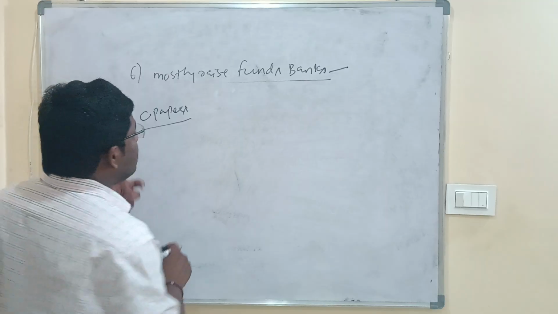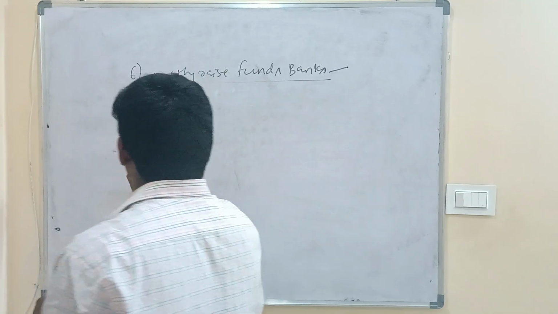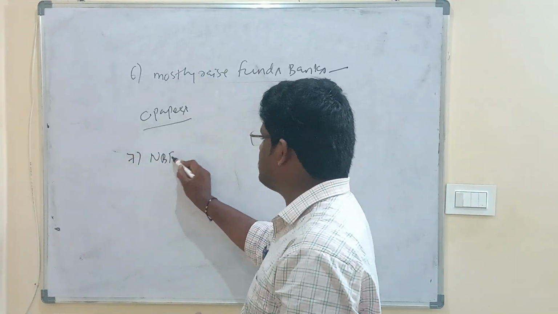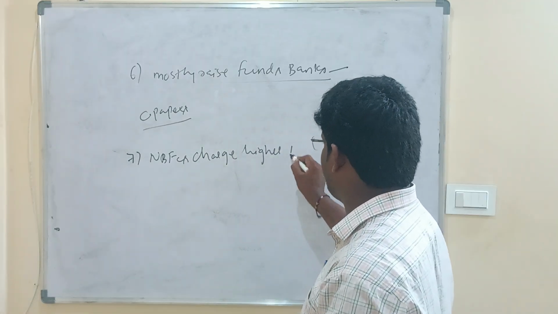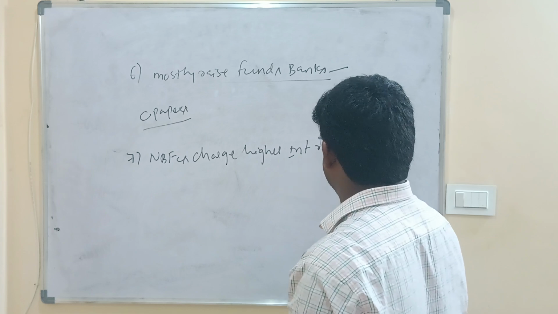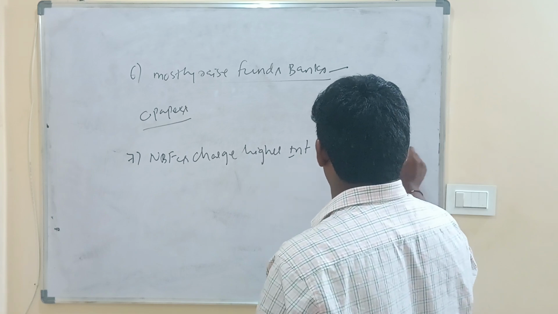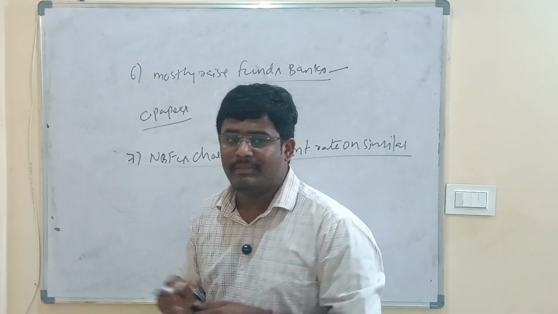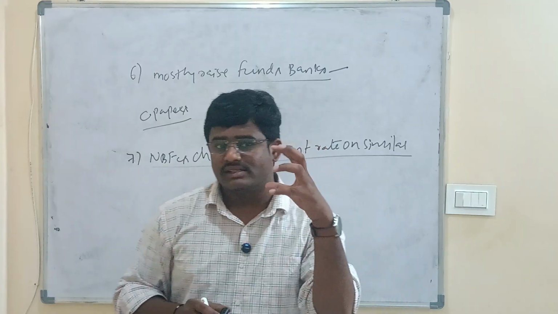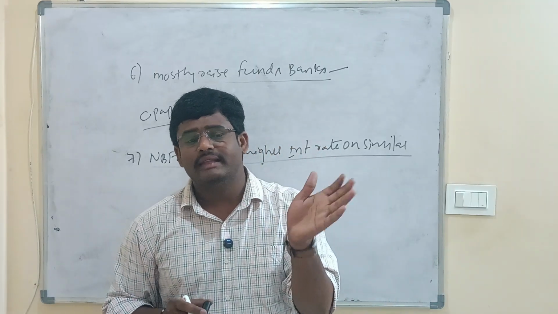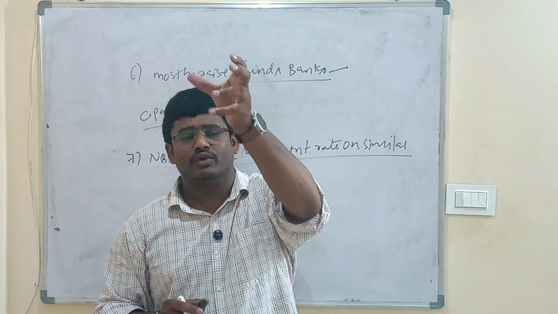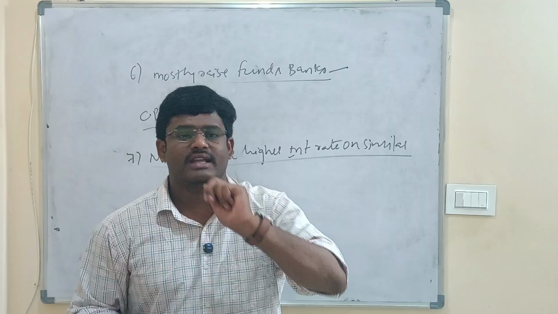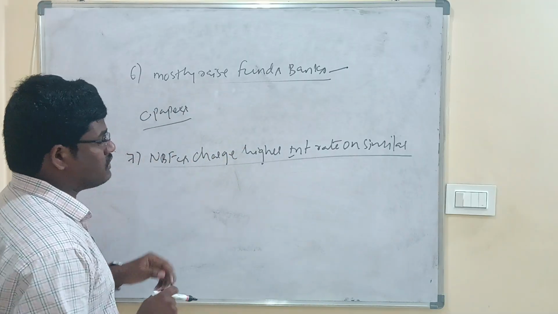Since they are raising funds from other entities, NBFCs charge a higher interest rate on similar loans given by banks. If a bank charges 7%, 8%, 9%, the NBFCs, when they provide similar loans, will charge around 13%. The difference might be 3 to 4%. That is the point we have to keep in mind.